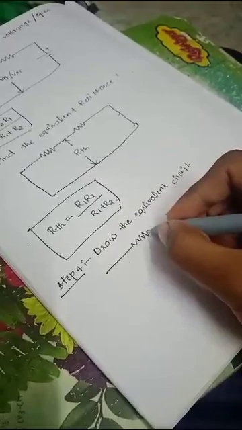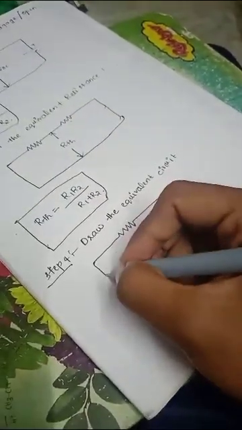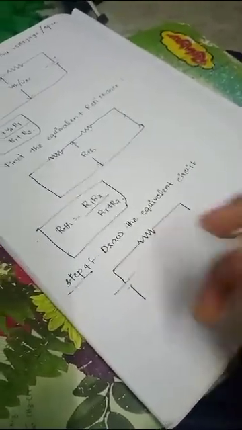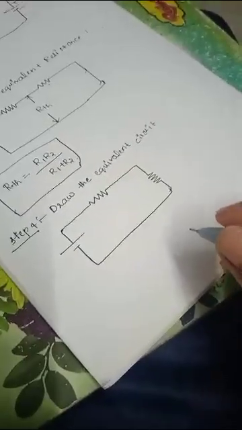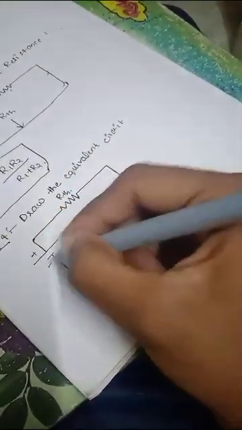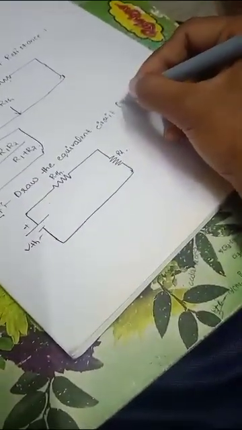We have to draw like this. Here we write RTH, and these terminals are VTH. Here we'll write RL. So this whole circuit carries IL, the load current.